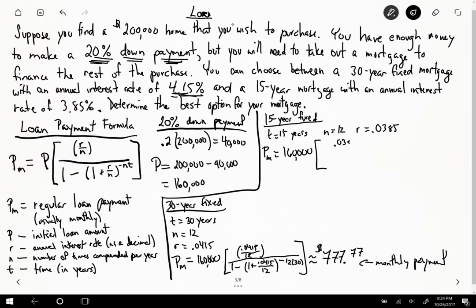You have 0.0385 divided by 12 all over 1 minus, and I'll put that in parentheses up top, 1 minus 1 plus 0.0385 divided by 12 raised to the negative 12 and then 15 now. That makes a bit of a difference. That's a 15 there, don't let your eyes fool you. And we have that negative symbol as well.